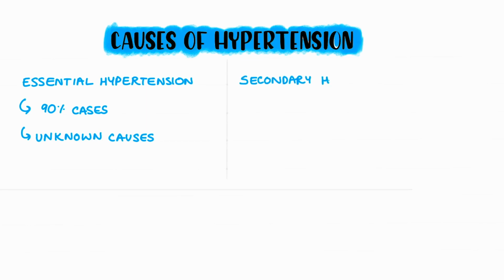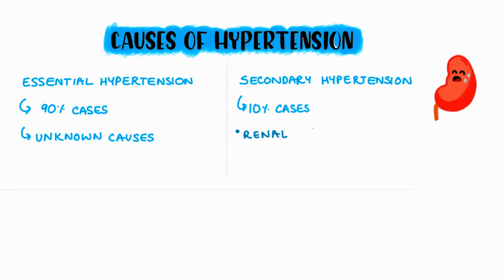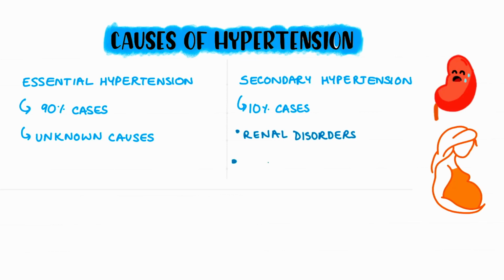Whereas in secondary hypertension, there's usually an identifiable cause, and this is present in around 10% of cases. Here, the causes include renal dysfunction, endocrine disorders, and pregnancy.